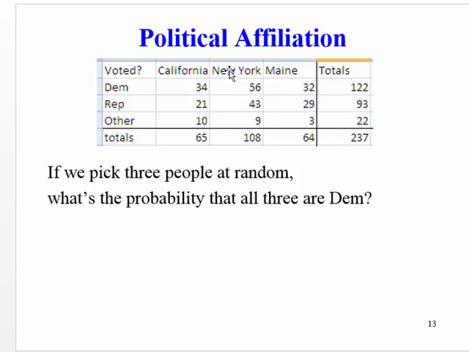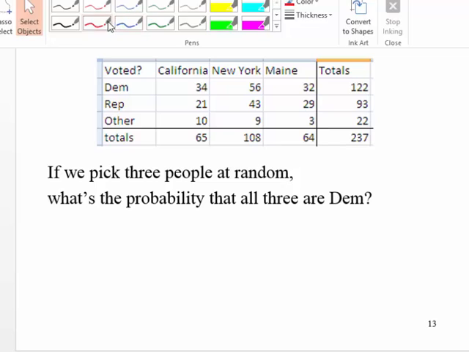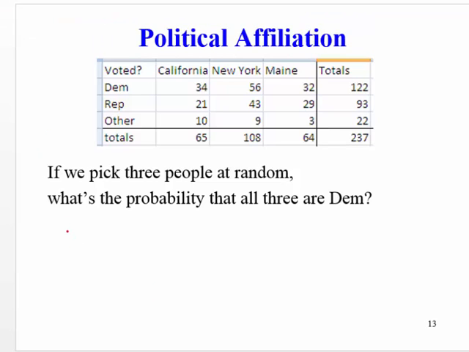Okay. Say we have political affiliation, this data here. If we pick 3 people at random, what's the probability that all 3 are Democratic? Well, there's a total of 122 out of 237. So by the general multiplication rule, the probability of this event is equal to 122 Democrats out of 237.